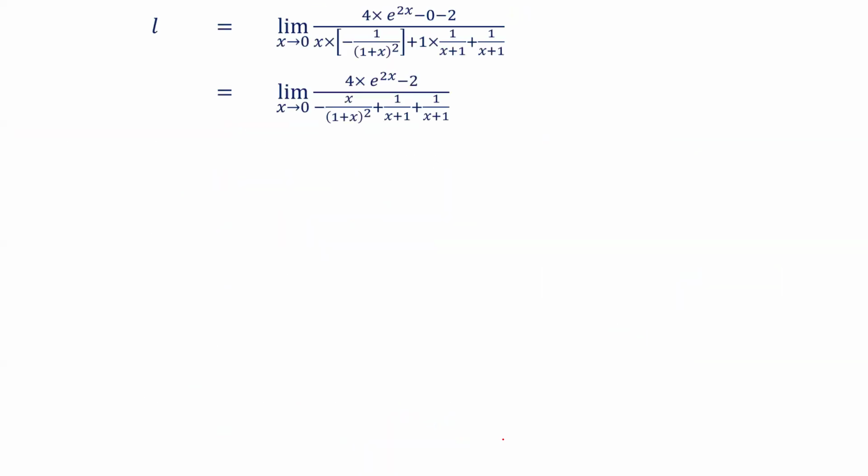Let us simplify it. The numerator is 4e^(2x) minus 2, and in the denominator, minus x upon (1 + x) whole squared plus 1 upon (x + 1) plus 1 upon (x + 1).